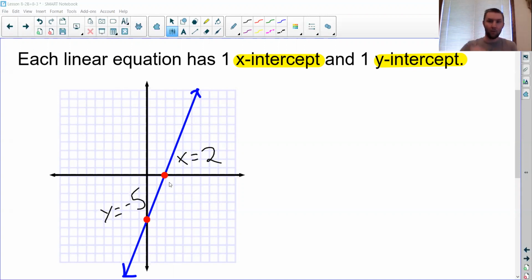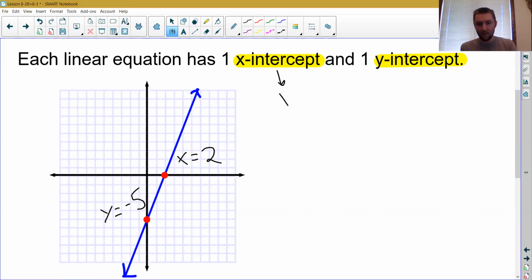That's where the blue line crosses over the x-axis. And the y-intercept, where it crosses the y-axis, is down here at -5. So my y-intercept is y equals -5.